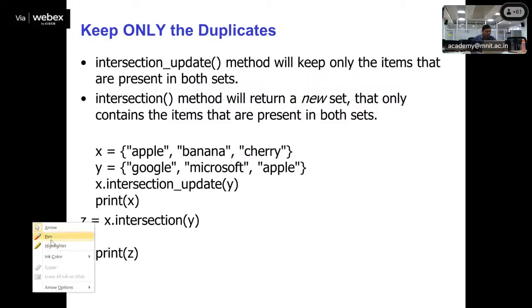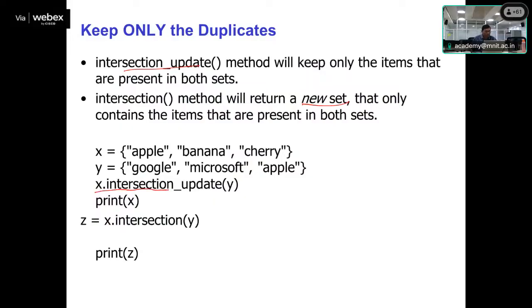So this set will keep only the duplicates. The intersection update method can be used to keep only those items which are present in both sets. And this method is going to return a new set which contains only those items which are present in both sets. So we can write x dot intersection underscore update y. So in x and y, whatever common items are there are going to be kept in x.